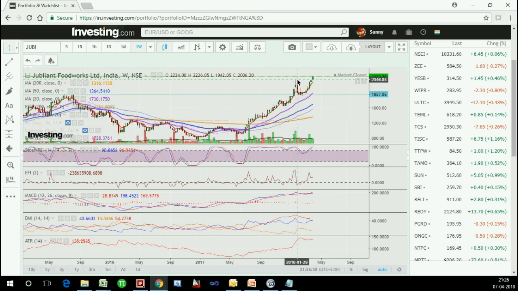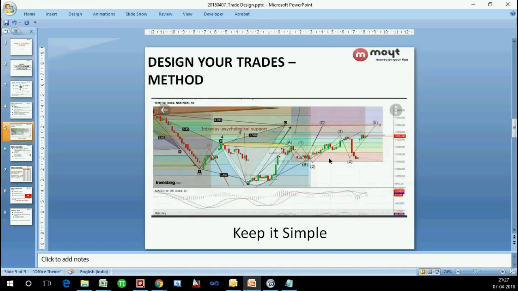If there's a breakout and at this level I'm going long on this stock, what am I doing? The person who has bought here, I'm giving him his profits while I'm taking the risk of it being a false breakout.